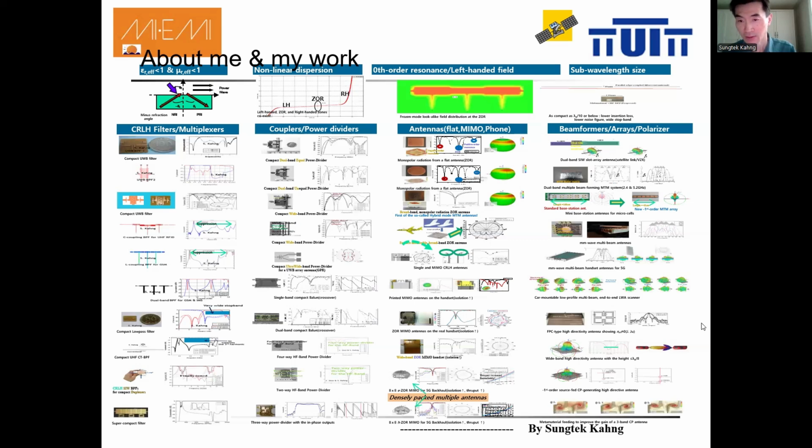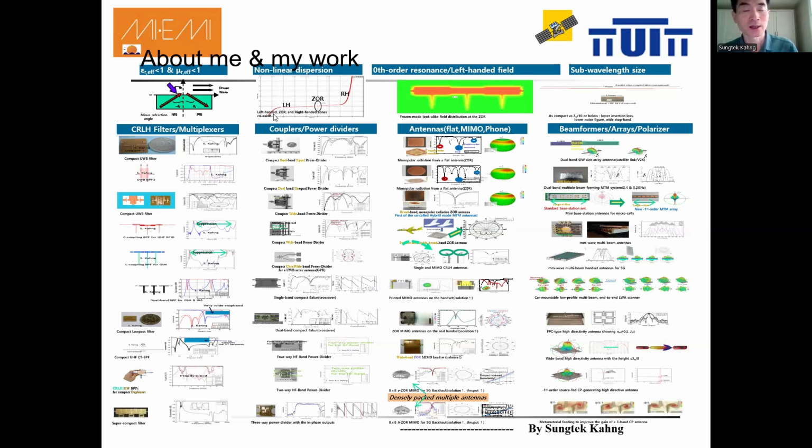The last column of pictures shows the beamforming performances that can be generated by my metamaterial based antennas. To summarize, what has been displayed here is all working for size reduction, or volume or weight reduction, as well as performance improvement.